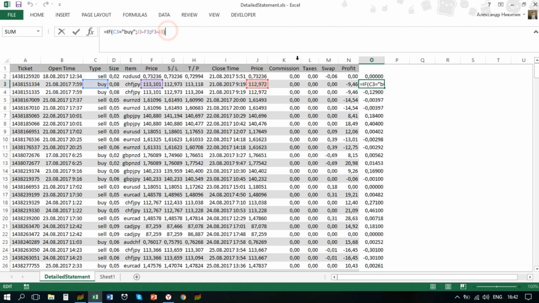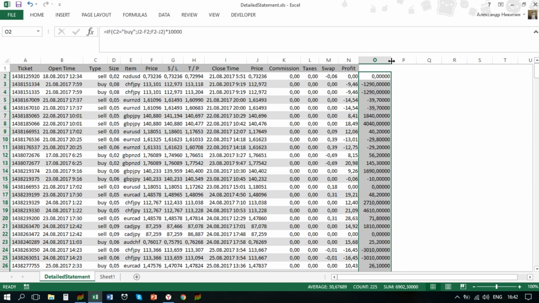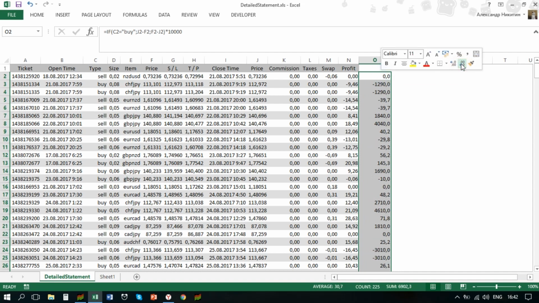Yes, this, and this should be multiplied by 10,000. Why is it not multiplied? It is 0, sorry. And I should have it this way.